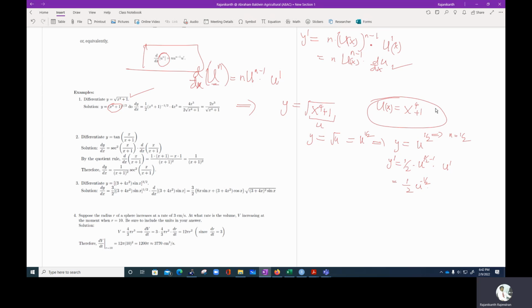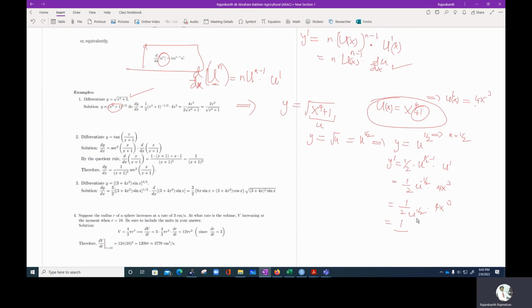So u prime is the derivative of x to the 4 plus 1. The derivative of x to the 4 is 4x cubed, again using the power rule. The constant 1 is nothing but 0. Therefore, u prime is 4x cubed. So this will be 1 over 2 u to the power 1/2 times 4x cubed.